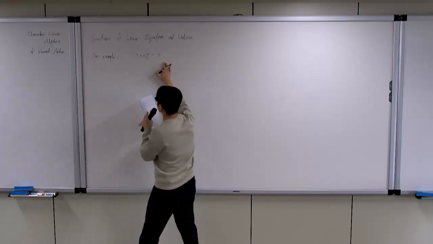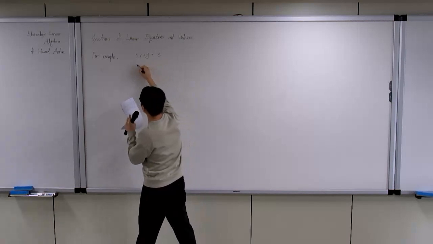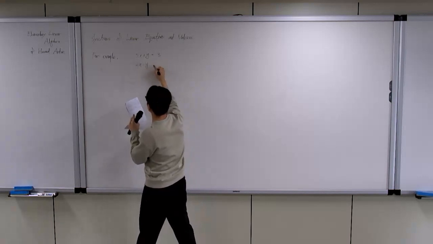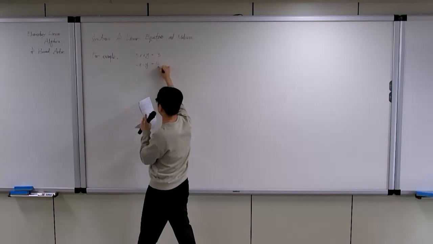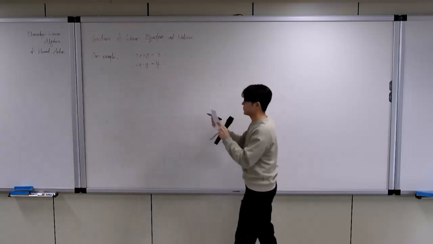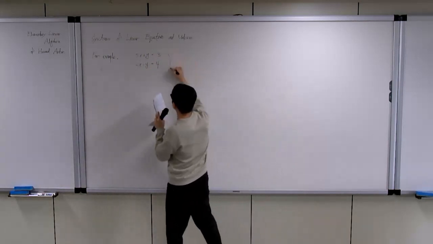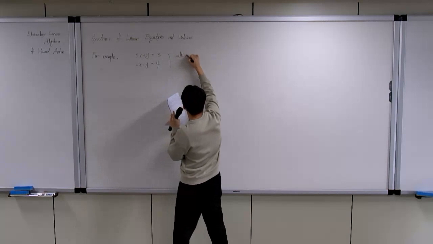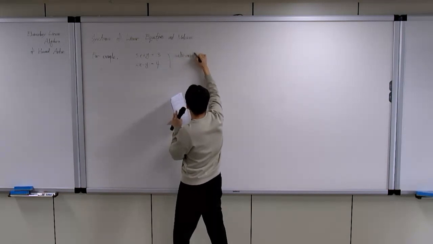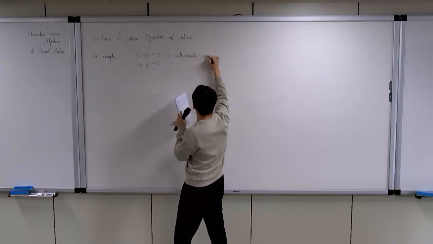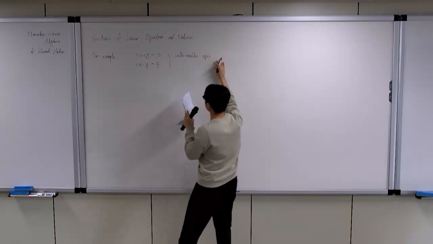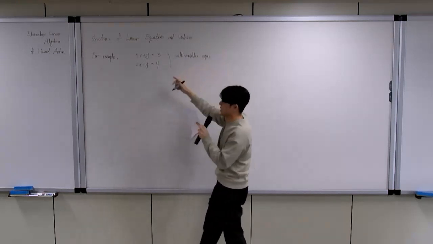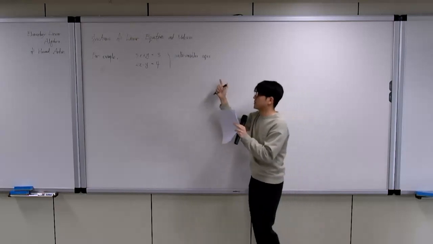One linear equation is 5x plus y equals 3, and another equation is 2x minus y equals 4. And these are multivariable equations, equations of degree 1.